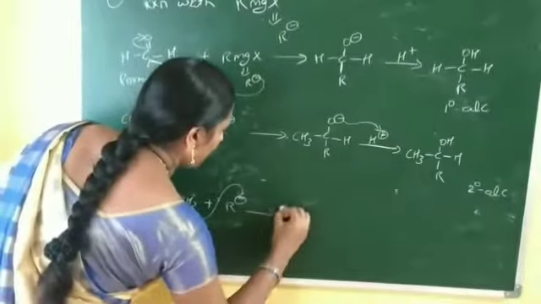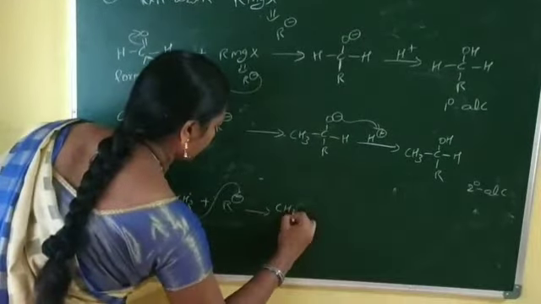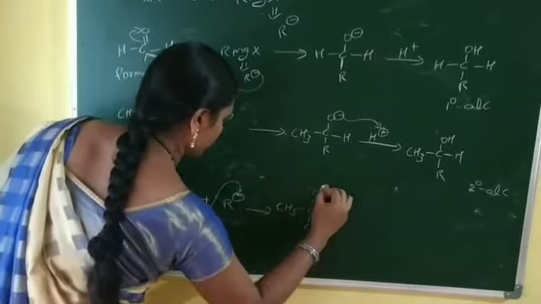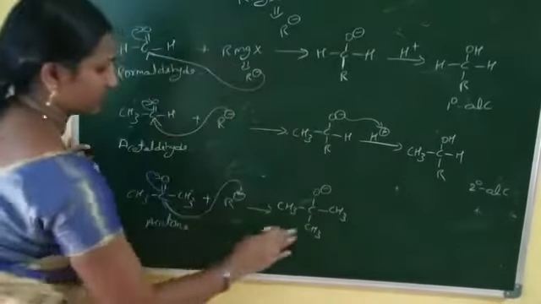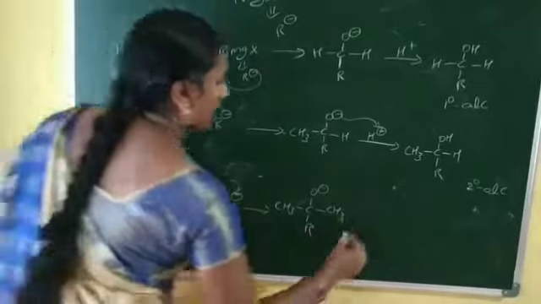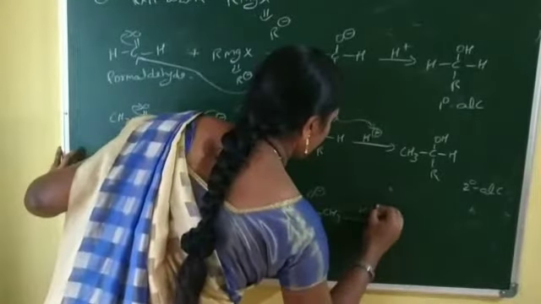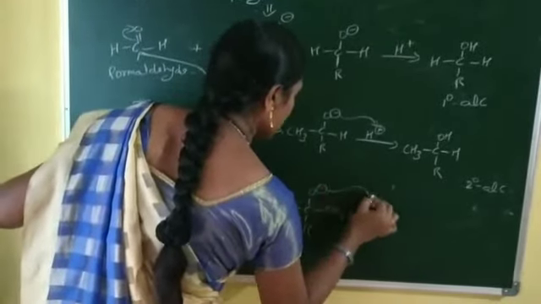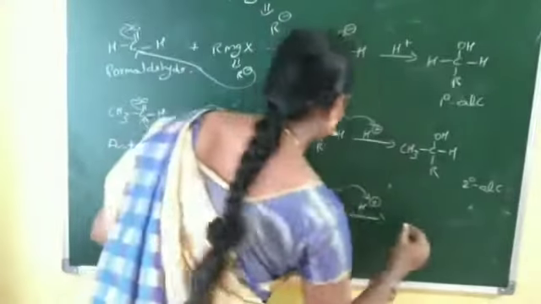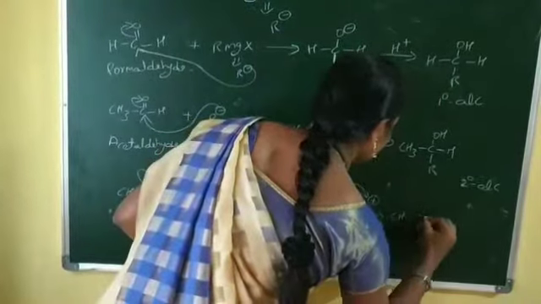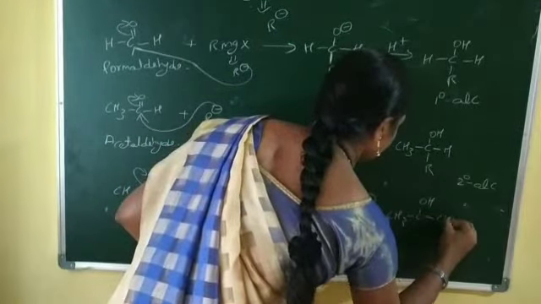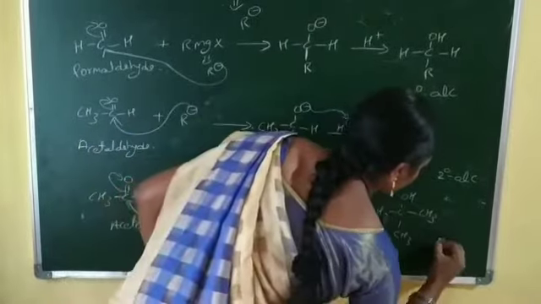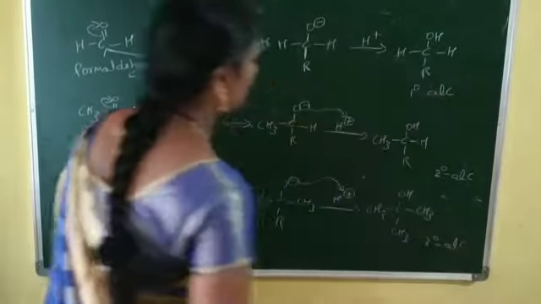Again you observe the oxyanion. Again this oxyanion is treated with H plus. Now O minus abstracts this H plus to form the alcohol. This alcohol is a tertiary alcohol.